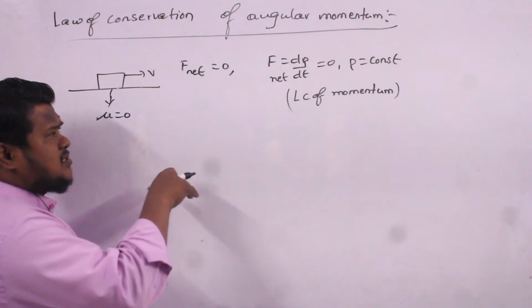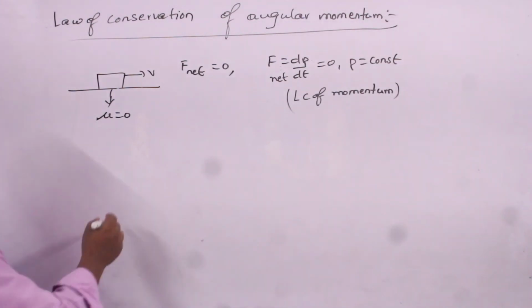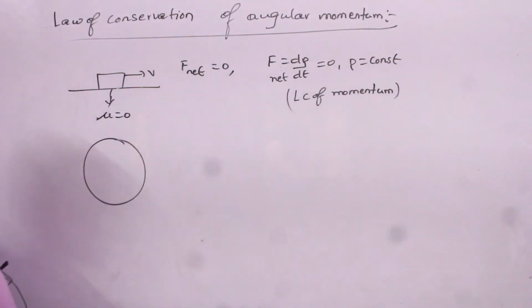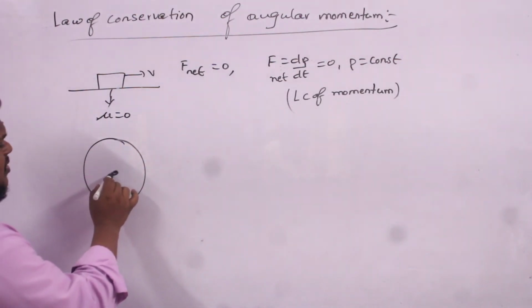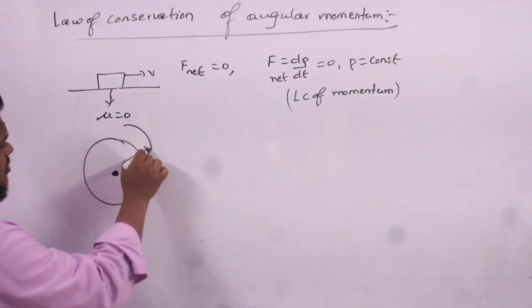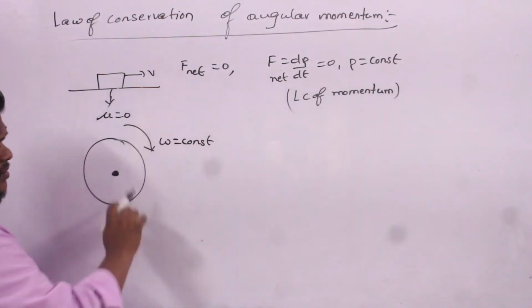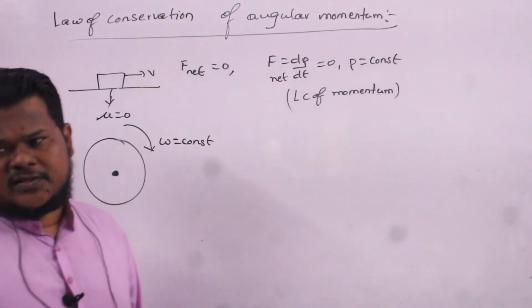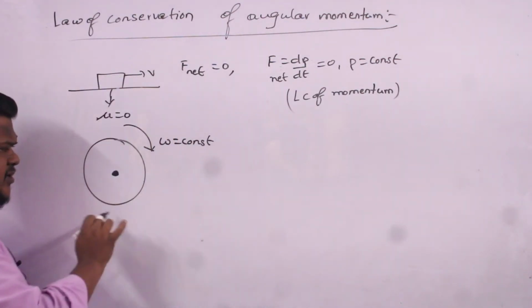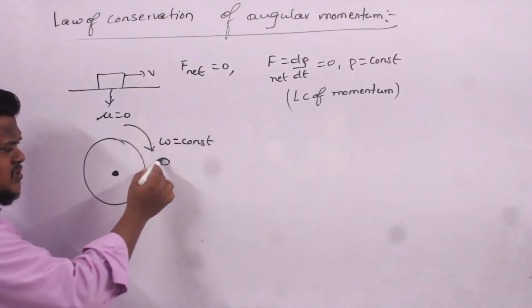So if I apply the same concept in rotational motion, let us see how we can apply it. Consider this is a disc rotating about this axis with a constant angular velocity of omega. If it is rotating with a constant angular velocity omega, then what is the alpha value?